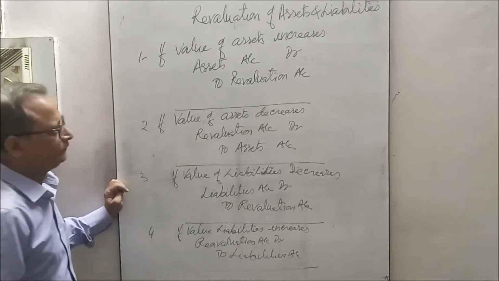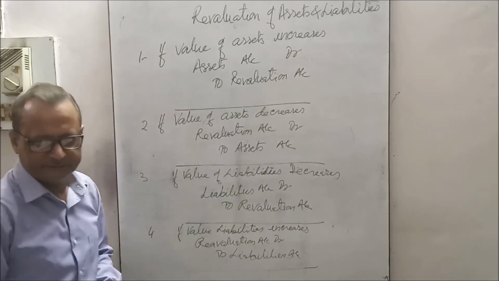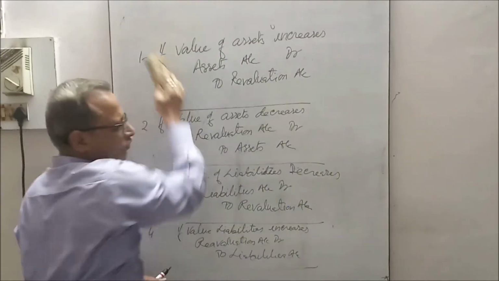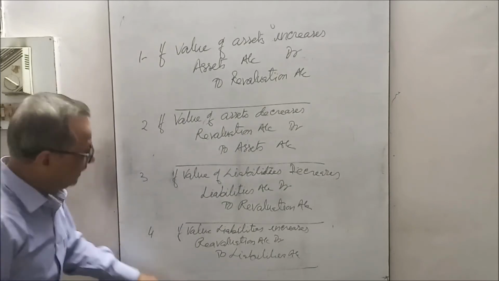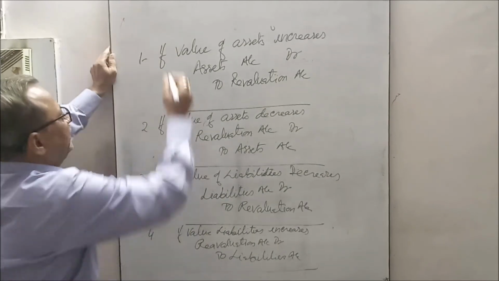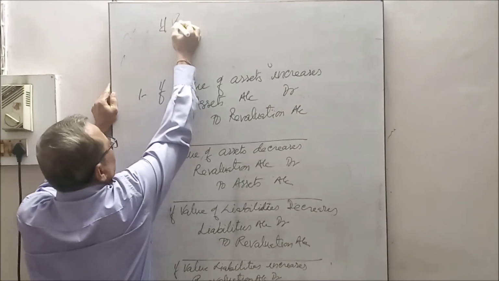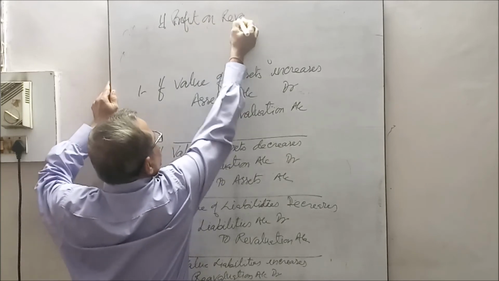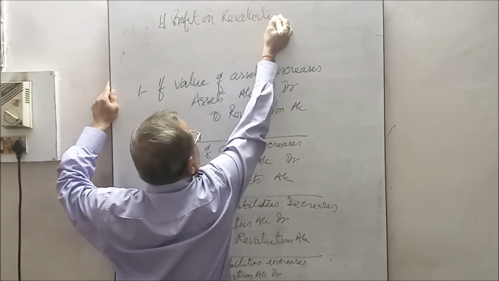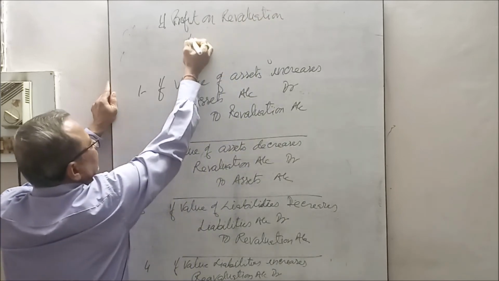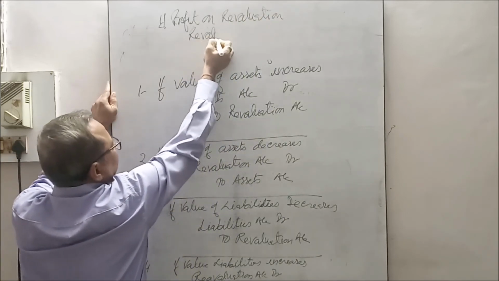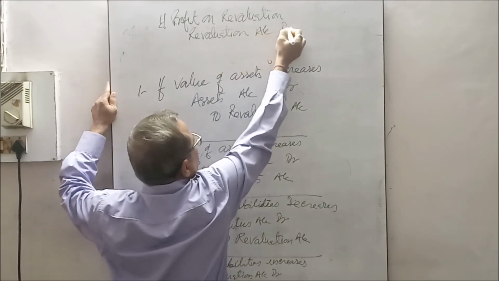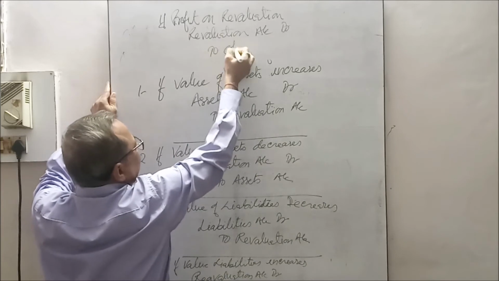These entries are passed. Now, if there is profit or loss on the revaluation, I am writing upside if there is profit. If profit on revaluation, then revaluation account debit to old partners capital account.